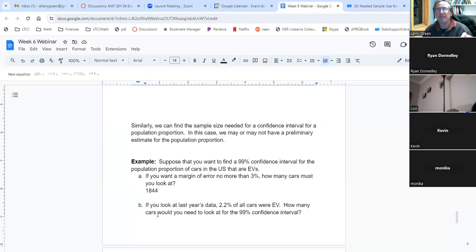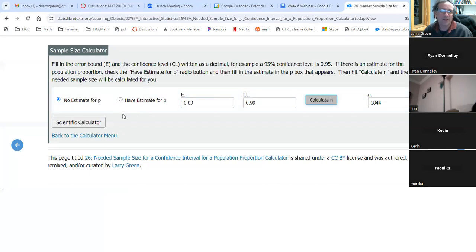The calculator actually has both because it's hidden. CL is confidence level, N is a sample size needed for a confidence interval. Does that make sense? So the confidence level is a component of the confidence interval.